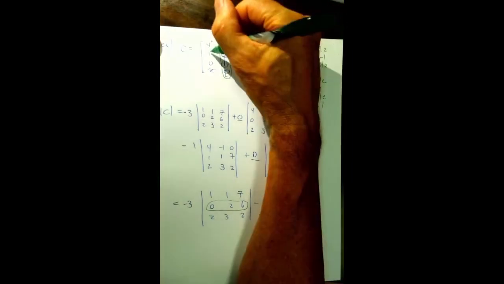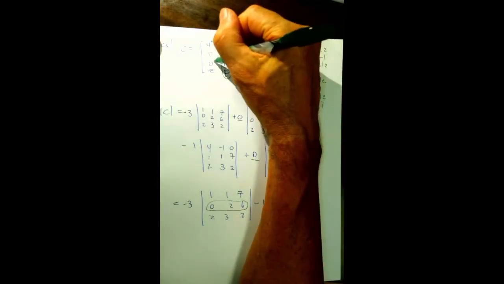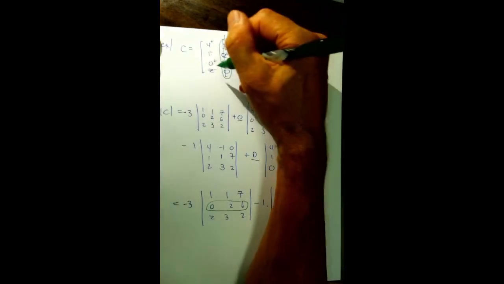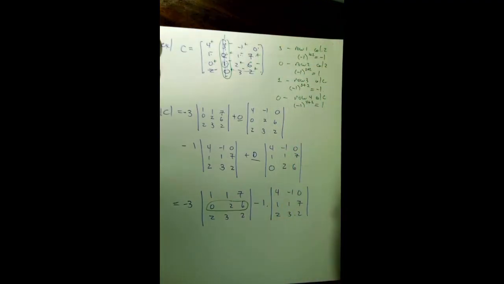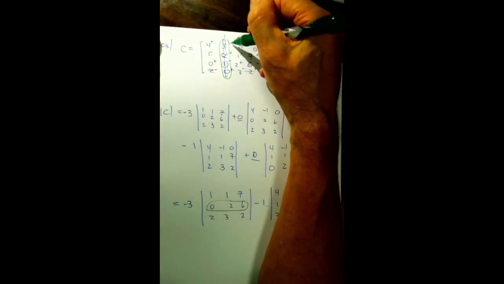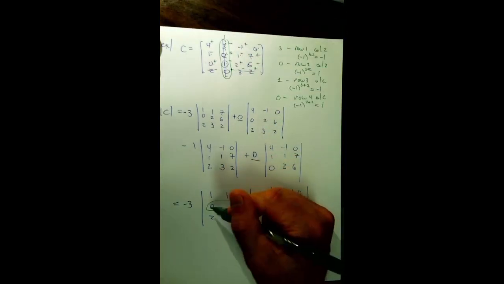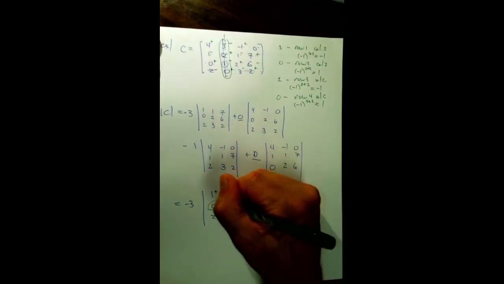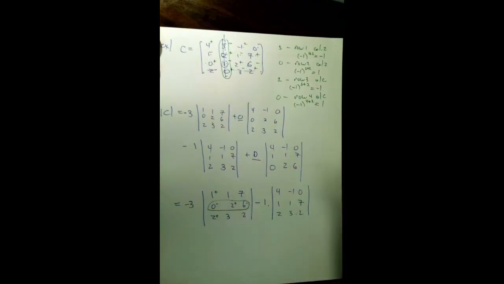If I'd gone across there, it would have been minus, plus, minus, plus. Across there, it would have been plus, minus, plus, minus, then minus, plus, minus, plus. So I went minus, plus, minus, plus. If I'm going to go across this row, this would have been plus, minus, plus, which means this would have been minus, plus, minus.